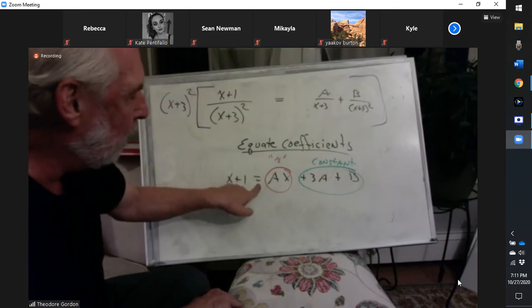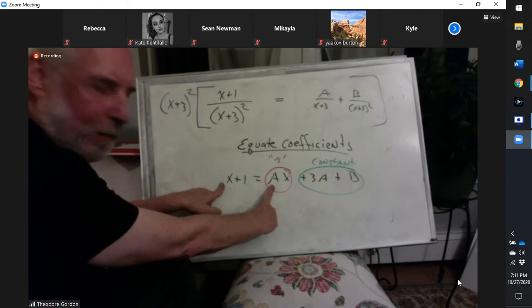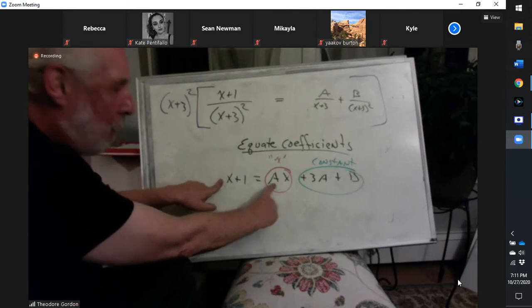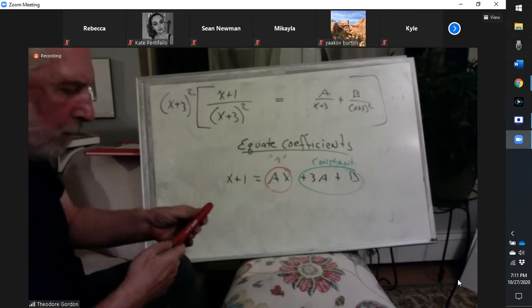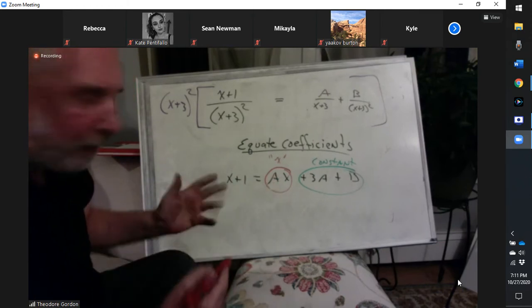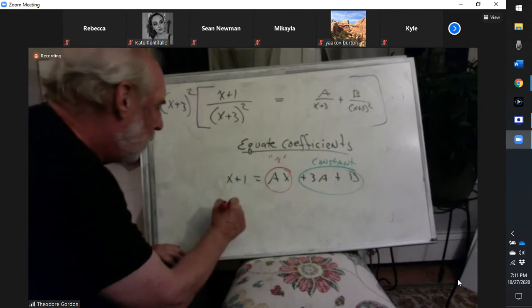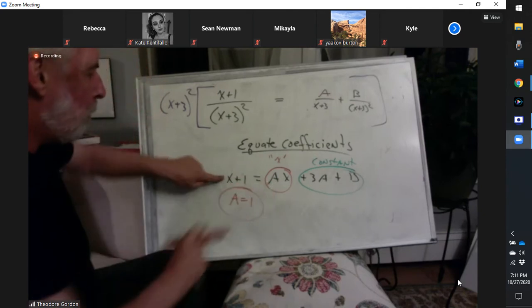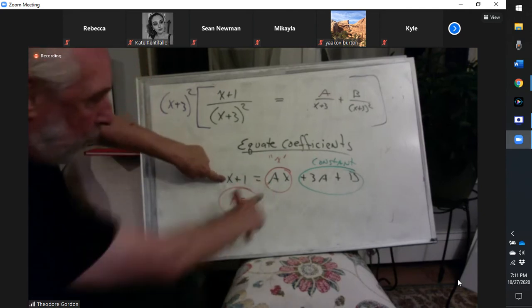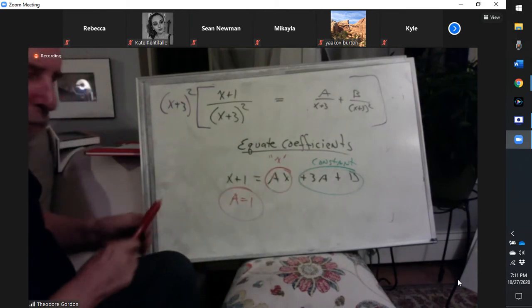In order for these to be equal, these coefficients have to be the same. This is a 1. That means this has to be a 1. Whole bunch of if-then logic thinking here. And that was for Cody, Brandon, and Nicole. So a is equal to 1. If there was a 3 here, this would have to be a 3. So we're just kind of visually going back and forth.